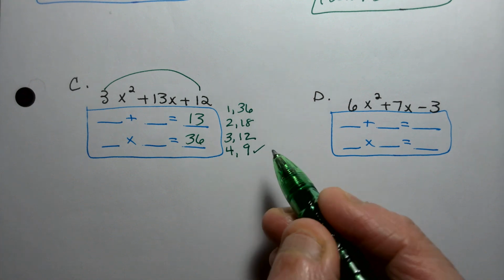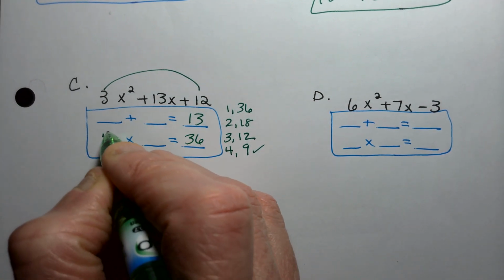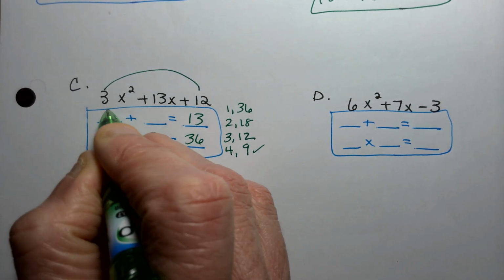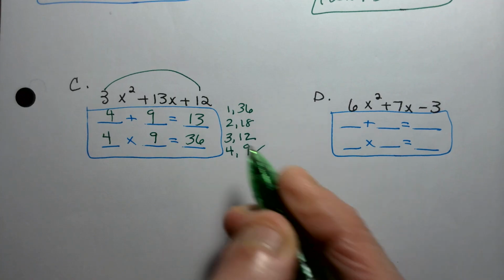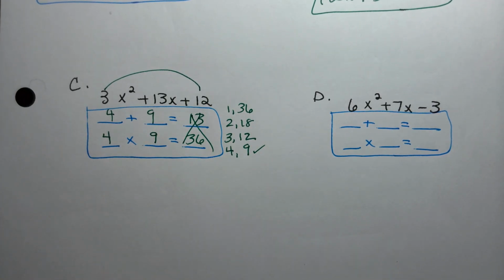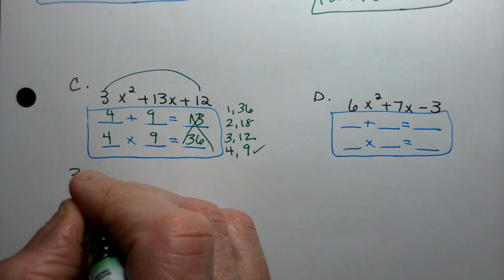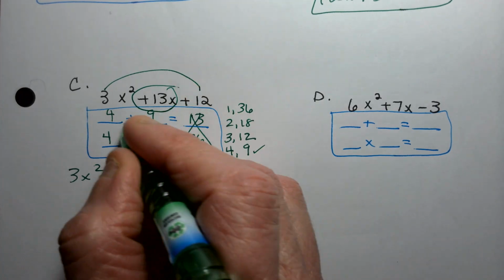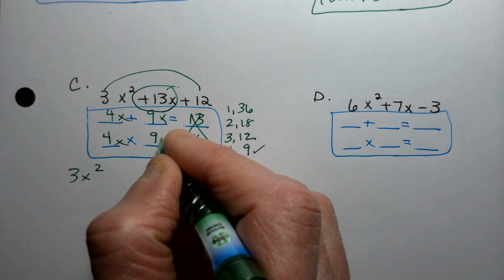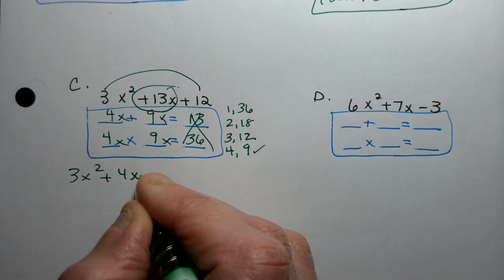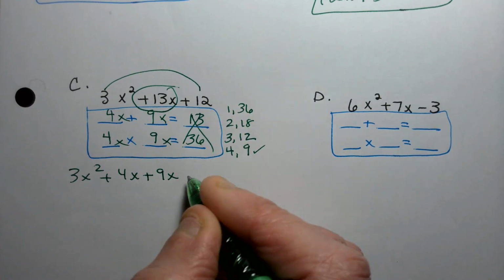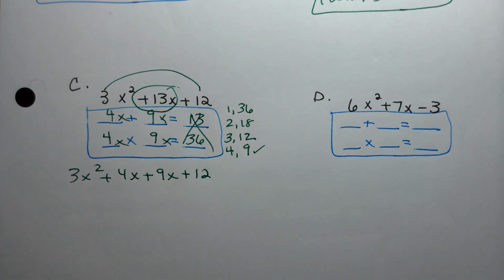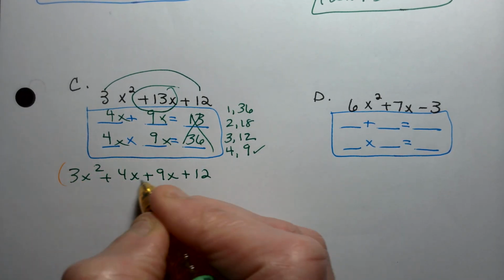There it is. 4 and 9 give you 13. Rewrite 3x squared, take this out, put a pair of these in. Put the last term on. Time to group.